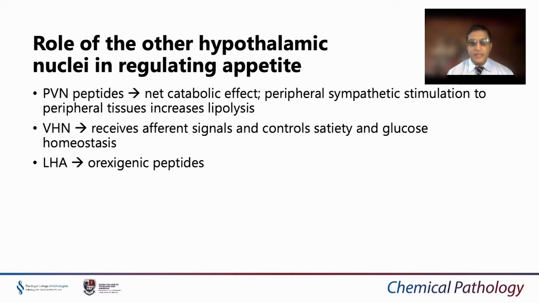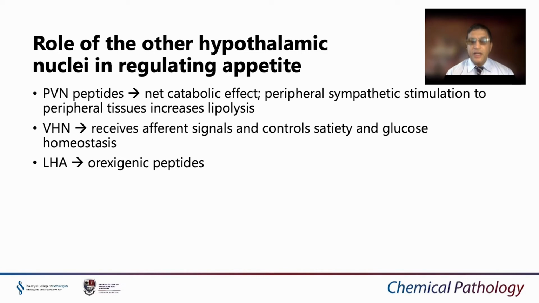There are various hypothalamic nuclei that are involved in the regulation of appetite. So if you consider the PVN, VMN, and the LHA nuclei, they are involved in various important suppressive or stimulating effects. PVN peptides cause a net catabolic effect with sympathetic stimulation to peripheral tissues, which increases beta oxidation and lipolytic effects.